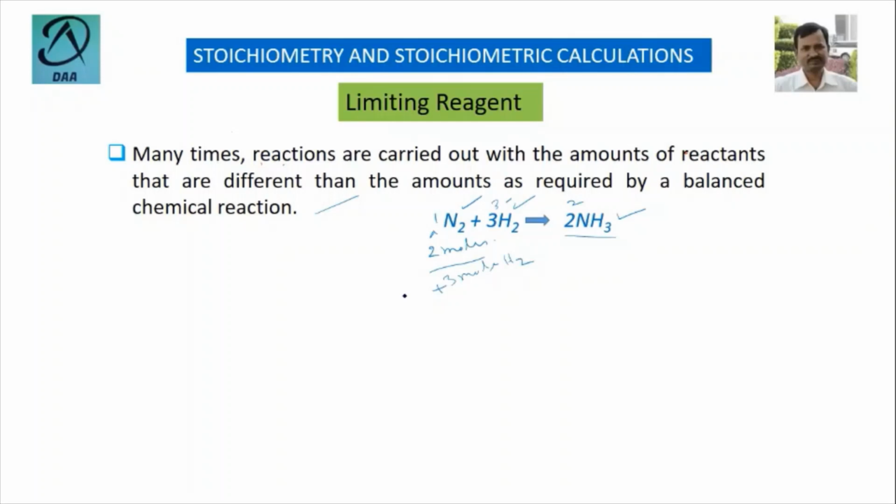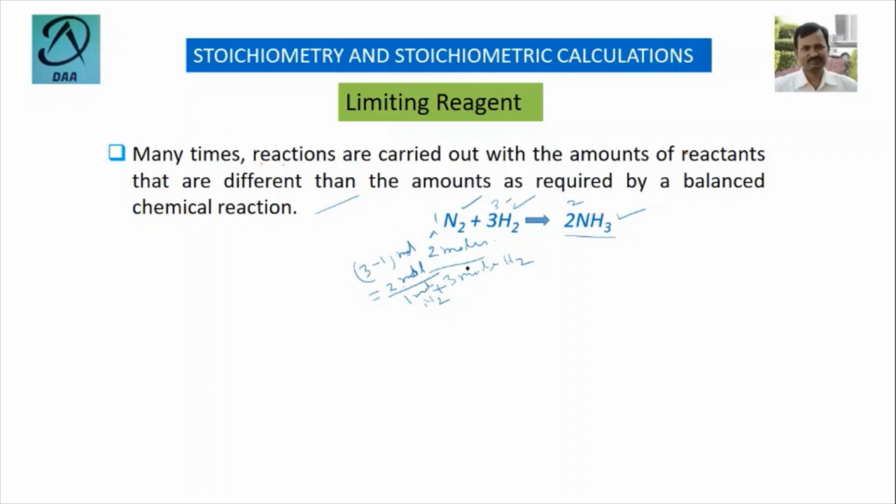So of the 3 moles of N2, 1 mole will be consumed, and 3 minus 1, 2 moles will be the excess.